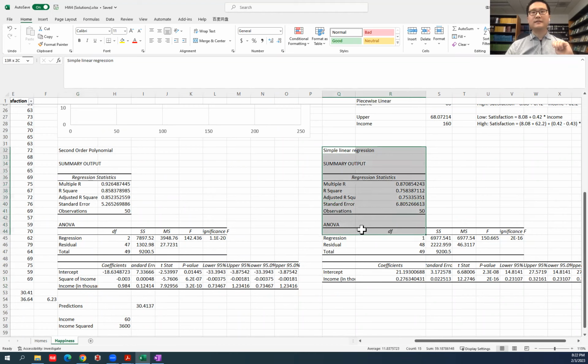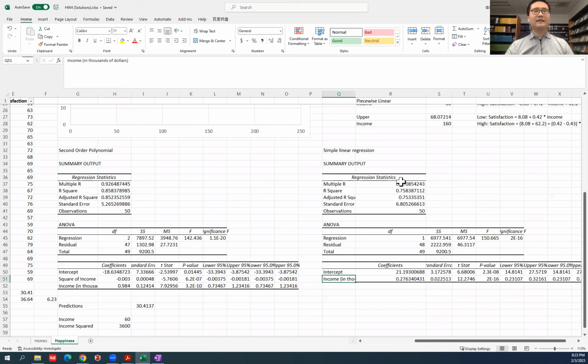This is the regression model result where we only have income as the predictor for life satisfaction. That's why I call it simple linear regression. It uses the same technique as what we did last week, right?